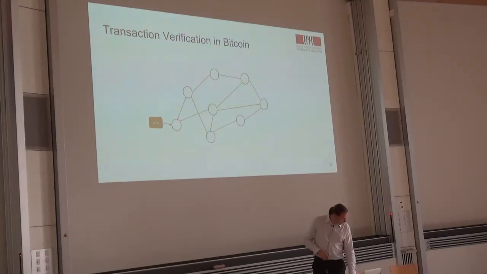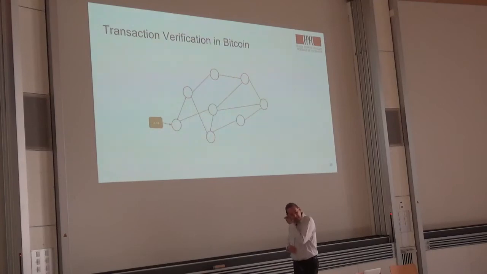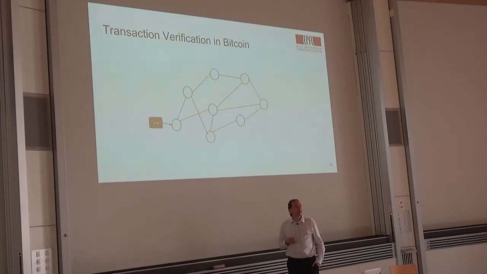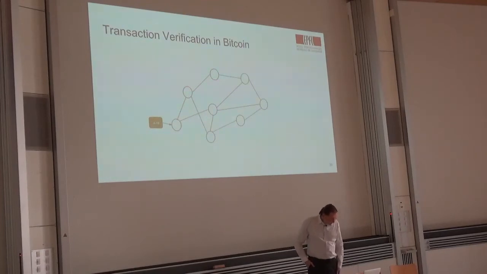So how does Bitcoin work? Now, fundamentally, Bitcoin is a consensus protocol. It's a somewhat novel consensus protocol that throws away some of the classic assumptions and requirements that traditional distributed systems people imposed on consensus protocols. But it's basically doing consensus.